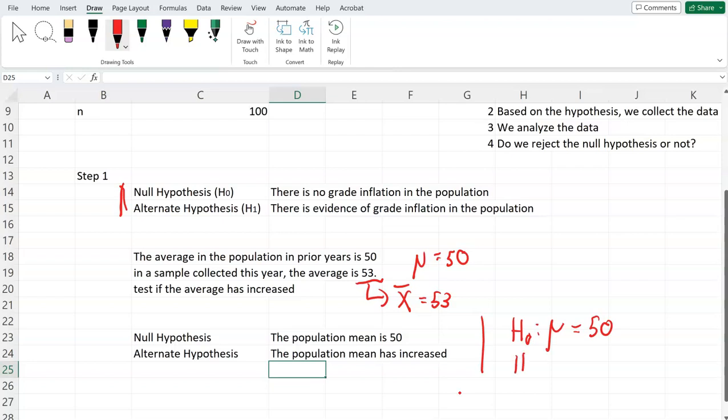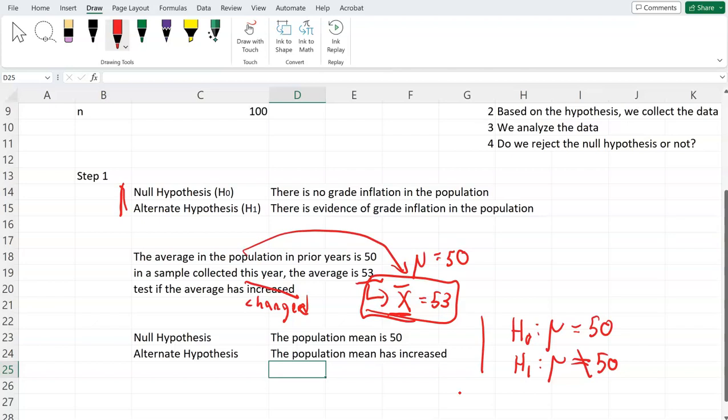And the alternate would be that mu is greater than 50, or, just to keep it easier, let's say it has changed, meaning it has increased or decreased. In that case, we would say mu is not equal to 50. And notice that here we are not using the notation x bar, because we are not using this sample to study this sample. We are using this sample to study the population that we have right here.